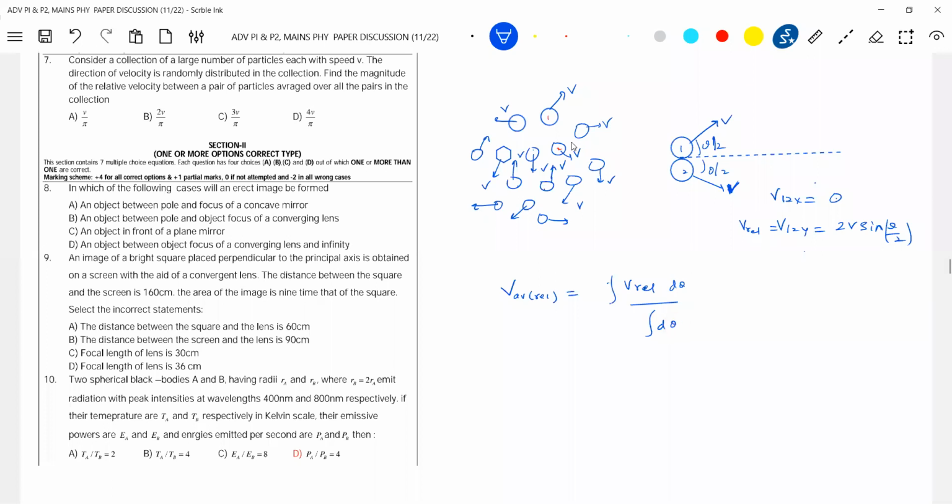What should be the limit? Random in all directions, so I'll put 0 to 2 pi. All particles have the same speed, but different particles have different directions, so 0 to 2 pi should be the limit here.